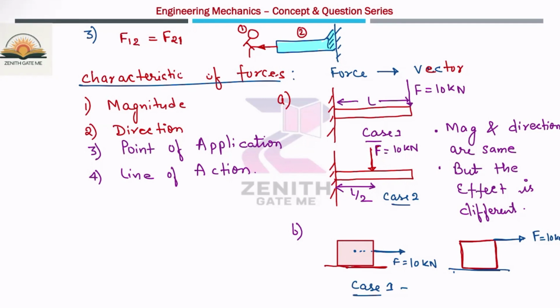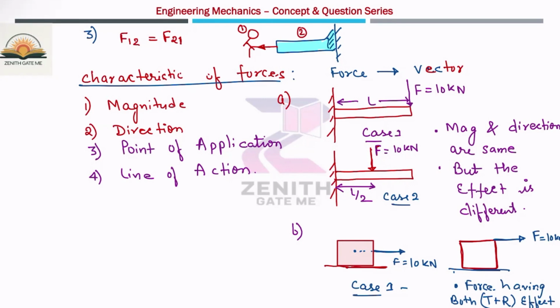In the first case, the body is in translation, but this force has both translation and rotational effect. This body will translate in this direction as well as try to rotate. So in this particular case, the force has both translation plus rotation effect.